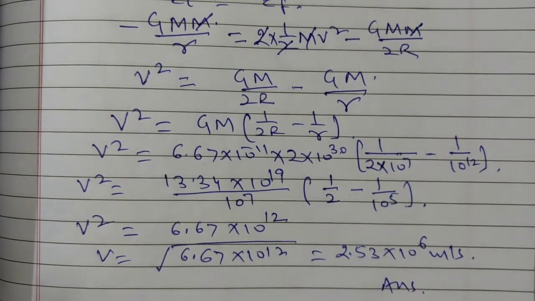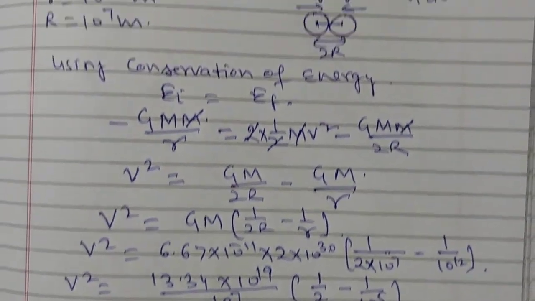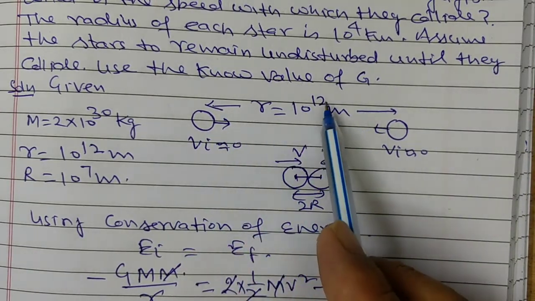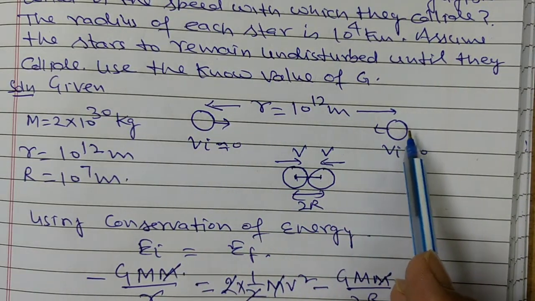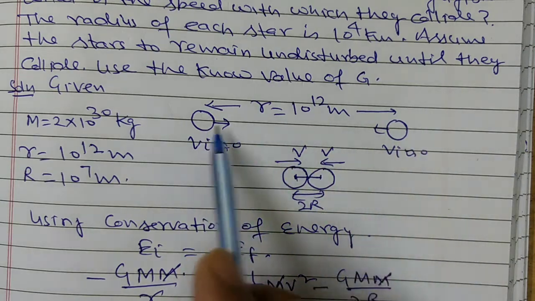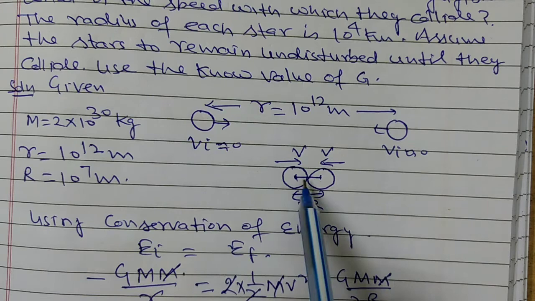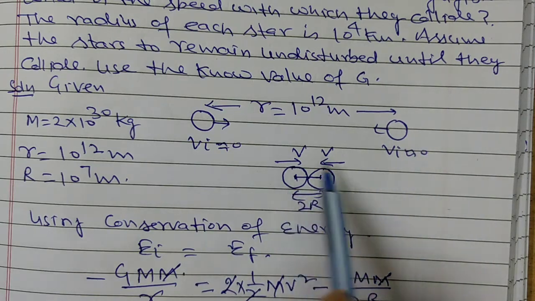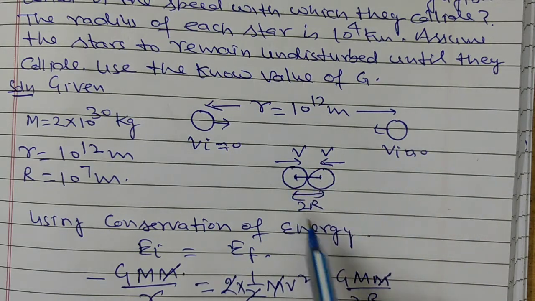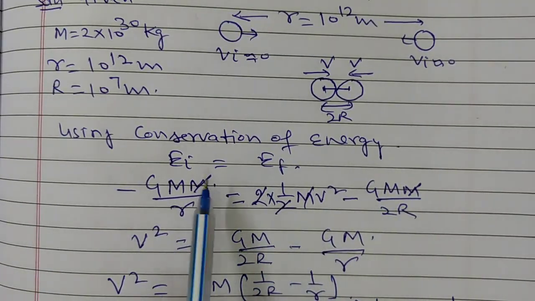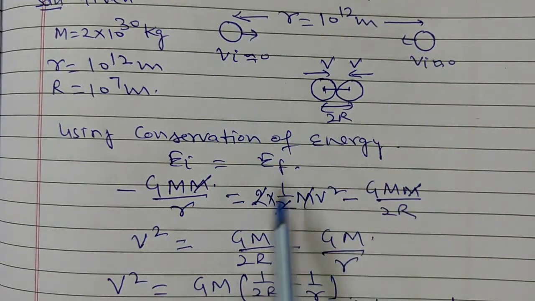What did we do in this question? Two stars initially at a distance of 10 raised to power 12 meter are approaching towards each other. Right? Therefore, here the initial speed is 0 and let them collide with each other, and this separation is 2r. Now, using conservation of energy, initial energy is equal to final energy.